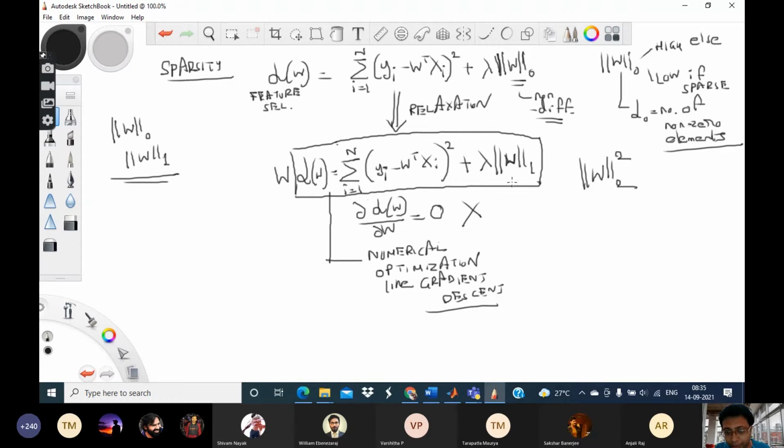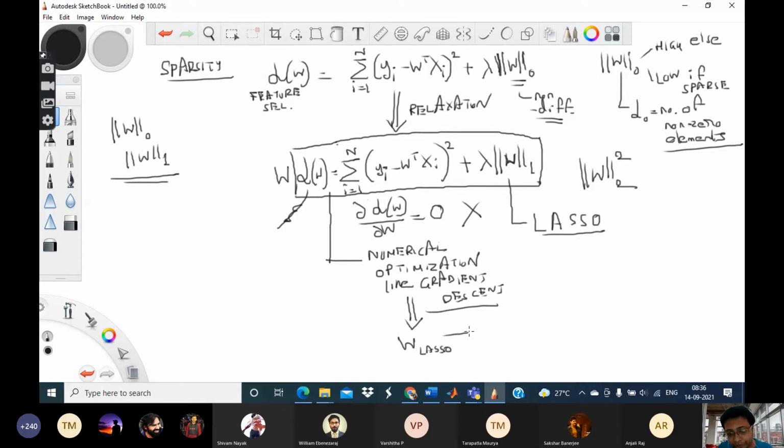This particular problem is sometimes known as the lasso problem, LASSO. It is basically an acronym, so you can read a bit more about it later for your mini project. I call this the lasso problem, and the W which I get from it after applying gradient descent, I can denote by W lasso.